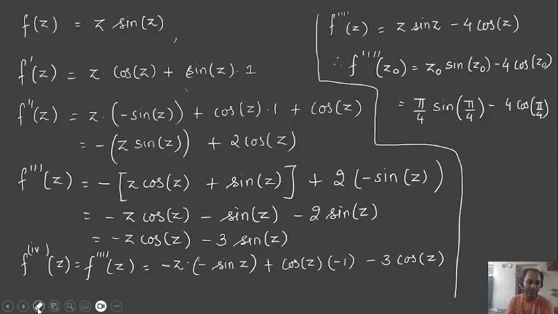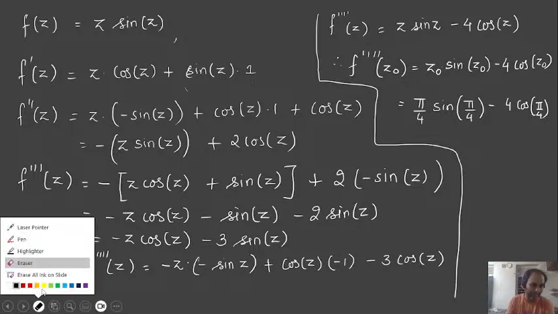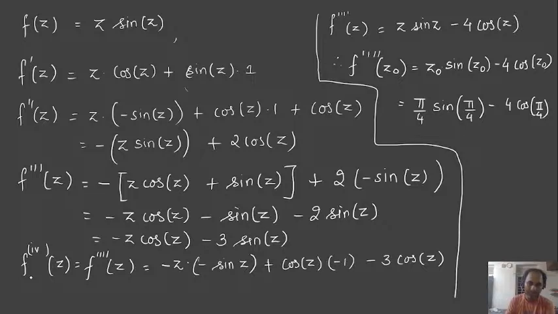But sine pi by 4 can be changed to 1 by root 2, and this is 4 times 1 by root 2. So here you have got the answer.